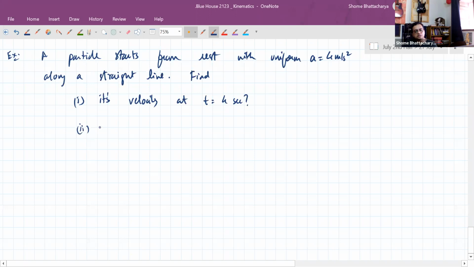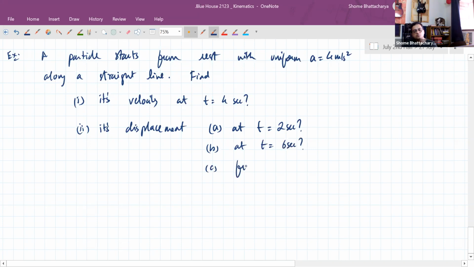Then you want to find its displacement at t equal to, let's say, 2 seconds, at t equal to, let's say, 6 seconds, and from t equal to 2 to t equal to 6 seconds. So you have to be careful what the question is asking.